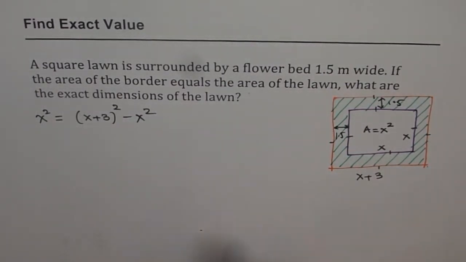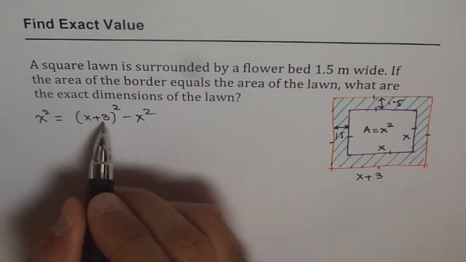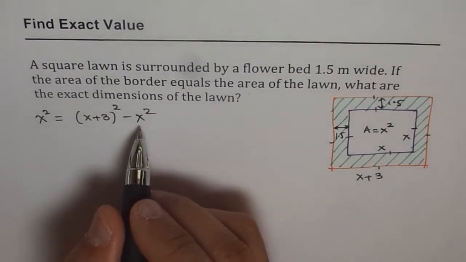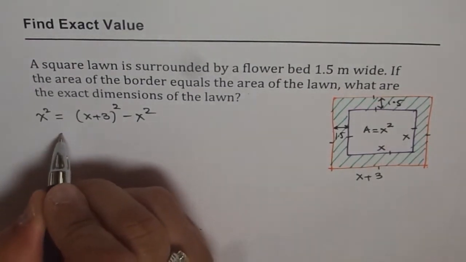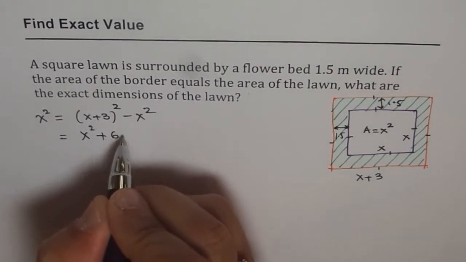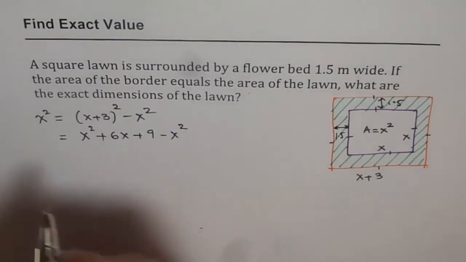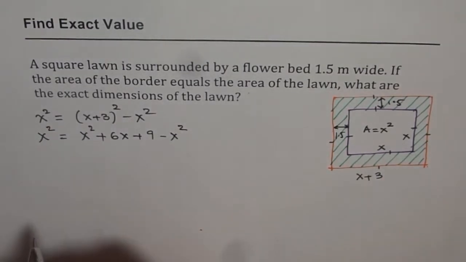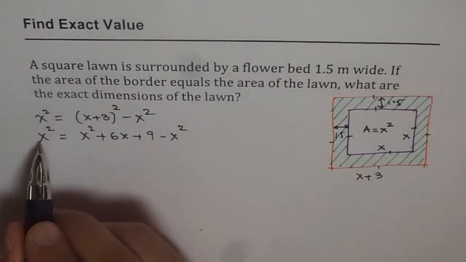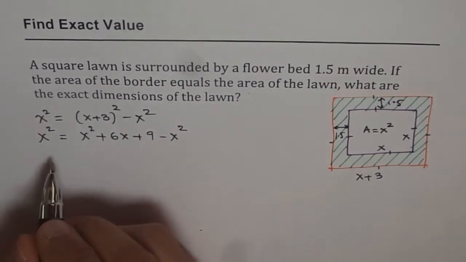Now let's solve this equation and find our answer. We can expand this and bring all the terms together to one side. When you expand this, you get x squared plus 2ab, which is 6x, plus 9, minus x squared equals x squared. From here, x squared and x squared, when you take one to this side, one of them gets cancelled, right?